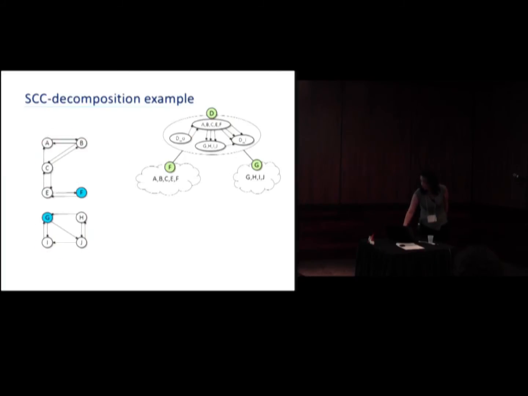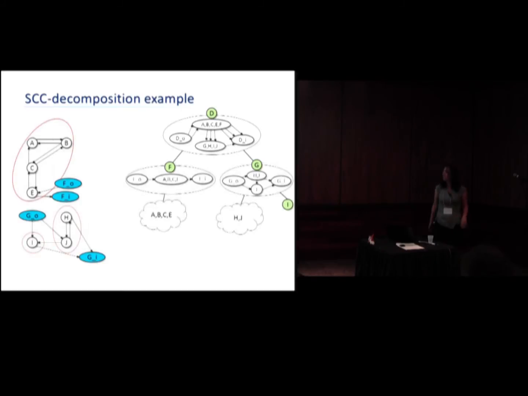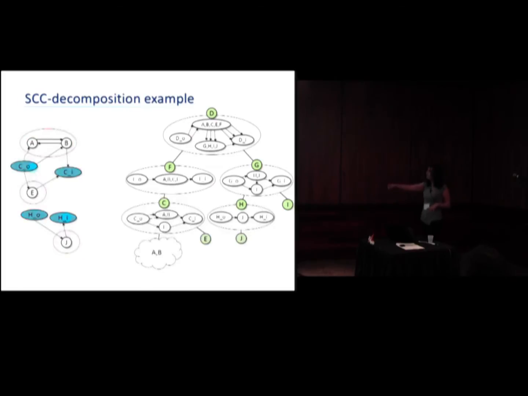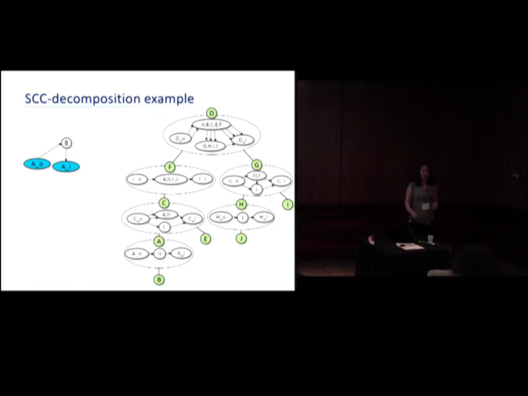Each of them we pick other vertices, split them, compute the strongly connected components without them, and so on. And we continue doing that recursively until we get some kind of decomposition. The leaves in this decomposition are just single vertices. So this decomposition is for one strongly connected component. If I have multiple of them, I'll have such a decomposition for each strongly connected component.